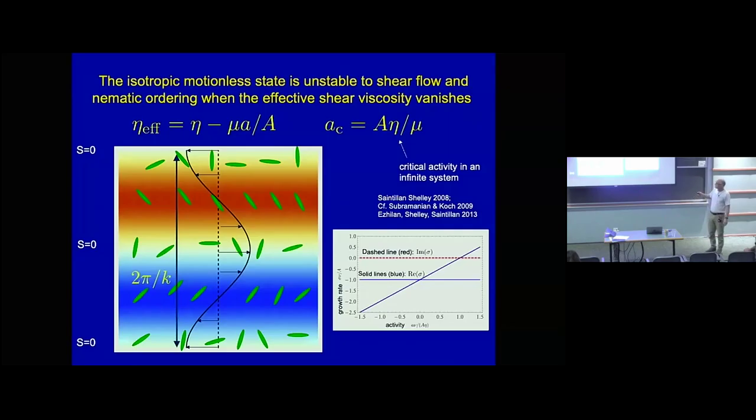But if the activity is high enough, there'll be no effective viscosity resisting this flow, and it will continue. It won't be damped. And that's essentially what you find. And in fact, this argument gives you the correct, even for the numerical factors, critical activity.